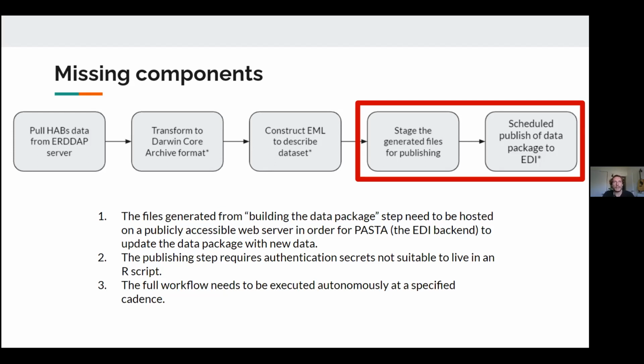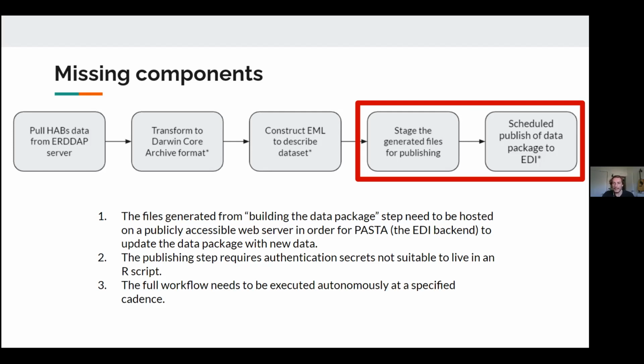And so it became a challenge to figure out, all right, I've generated the data files, but where can I put them so that when I send this update request, it can actually look at these new updated files. So that was one of the challenges.